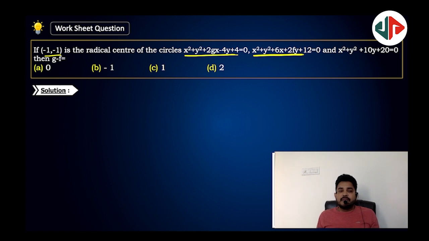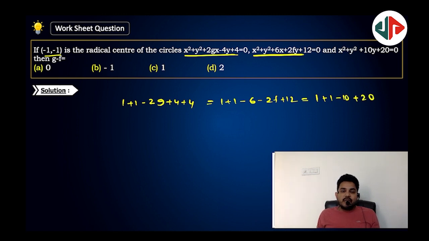If this is the radical center, the power with respect to all the circles will be the same. So with minus 1, if you write here 1 plus 1 minus 2g plus 4 plus 4 should be equal to the power of S11, 1 plus 1 minus 6 minus 2f plus 12 is equal to 1 plus 1 minus 10 plus 20.